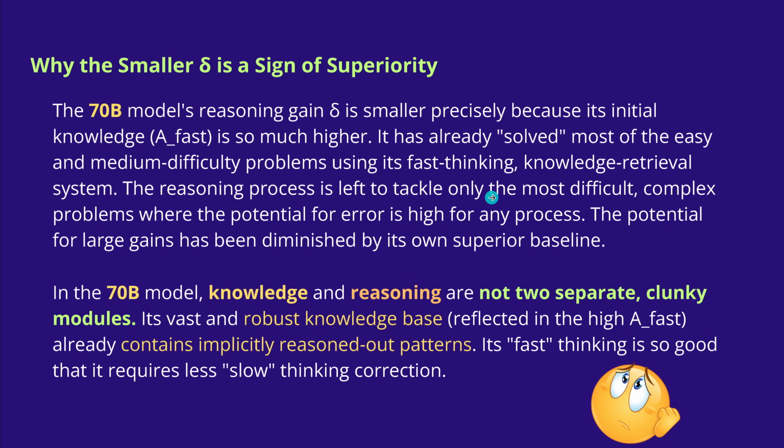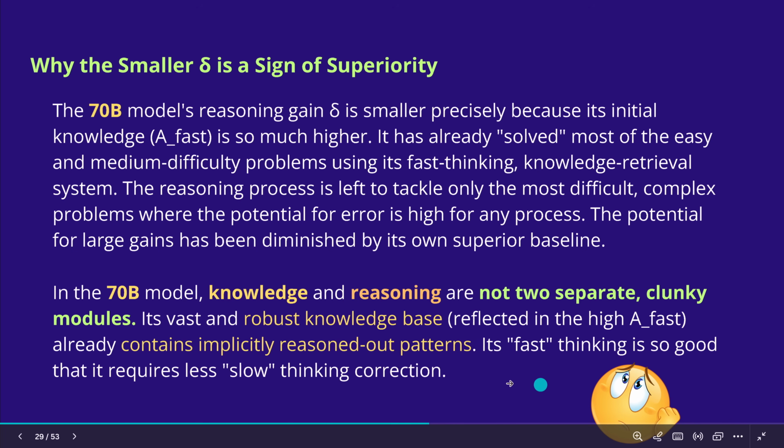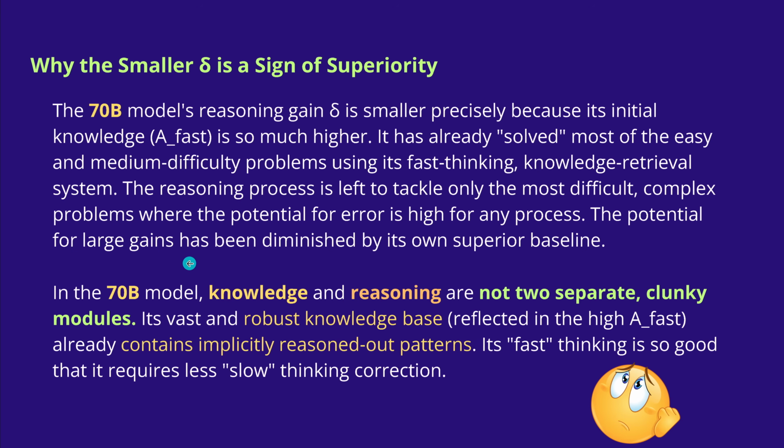And now I have a personal idea. You see here me starring ideas, and I just want to tell you, I think that in the 70B model, the knowledge and the reasoning data encoded representation in the transformers are not two separate clunky modules anymore. Somehow I have a feeling that the vast and robust knowledge base of a 70B model or a bigger model, reflected here in the high fast performance accuracy, already contains implicit reasoned patterns in its pure reasoning structure.